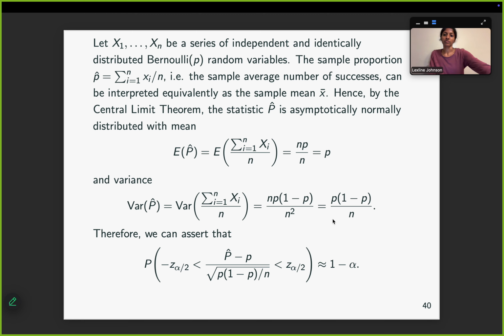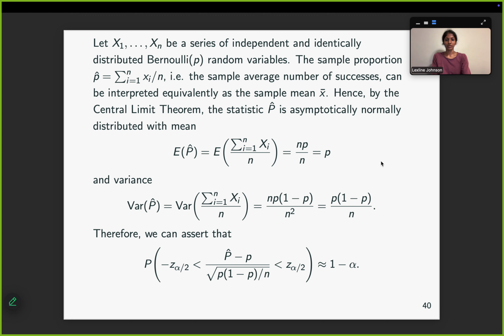So using the central limit theorem, our statistic, which is our population proportion, P, is asymptotically normally distributed with our mean. Essentially we can use a formula that's very similar to our previous formulas for estimating the population mean, except we're estimating the population proportion.